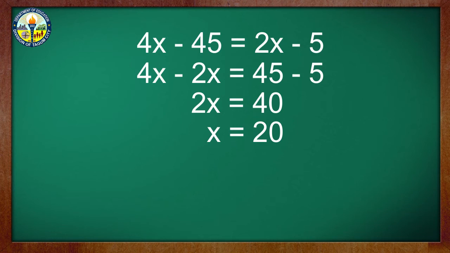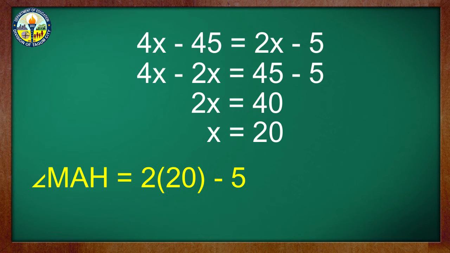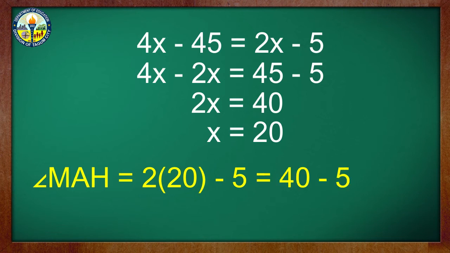Substitute the value of x that is equal to 20 to angle MEH equals 2x minus 5. We have angle MEH equals 2 times 20 minus 5. 2 times 20 equals 40 minus 5. 40 minus 5 equals 35.